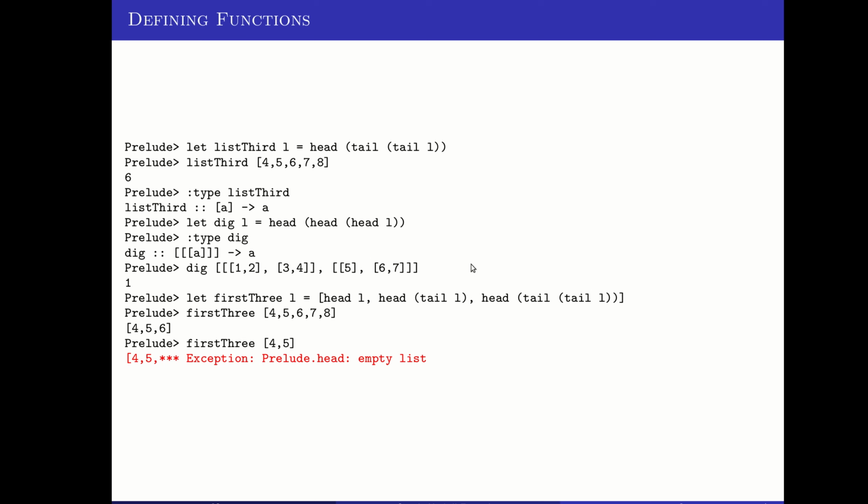You would not have a head left to be able to get information from it. It would be an empty list, because the tail of this once would be just 5 as a list, and then the tail of that would be an empty list. So we're not able to finish executing there, but it is not a type-based error in this case.